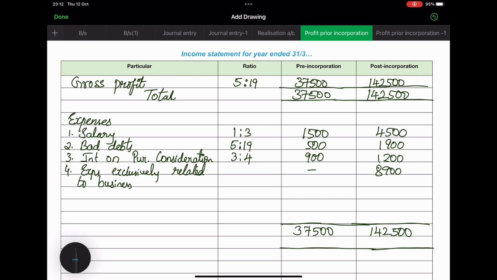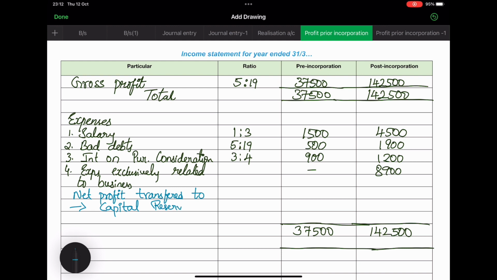Next, the positive value we get we call net profit. If you deduct all the expenditures from gross profit, we get net profit. Where will this net profit be transferred? Pre-incorporation profit is transferred to capital reserve. If we have a loss, it is transferred to goodwill account. We should not forget these points.